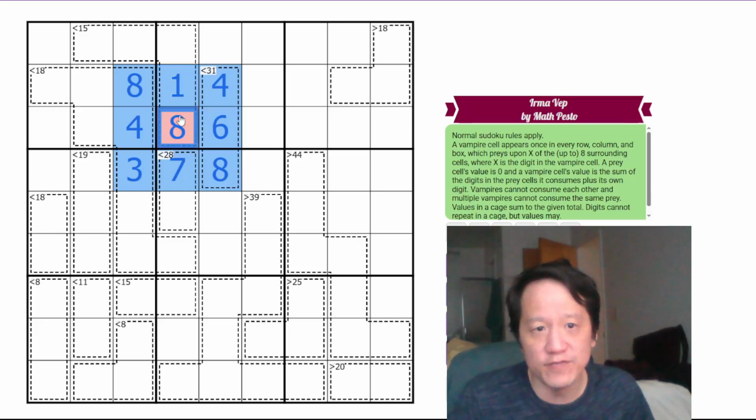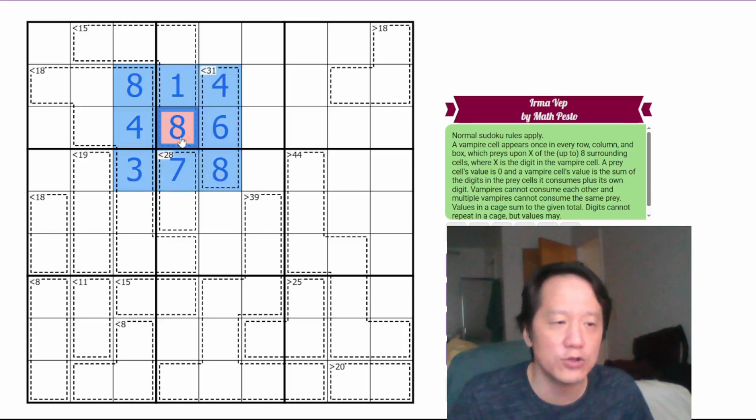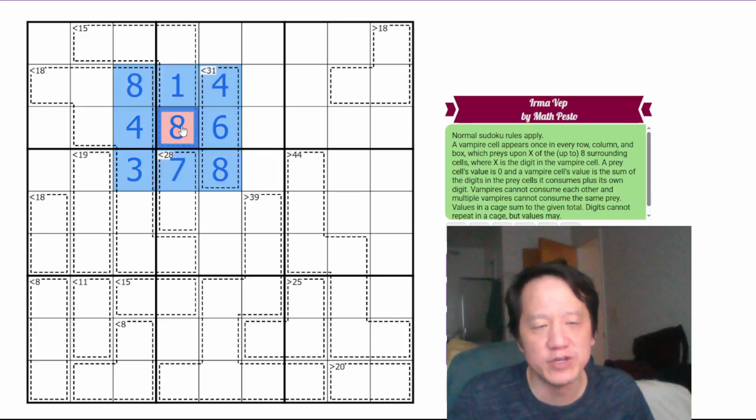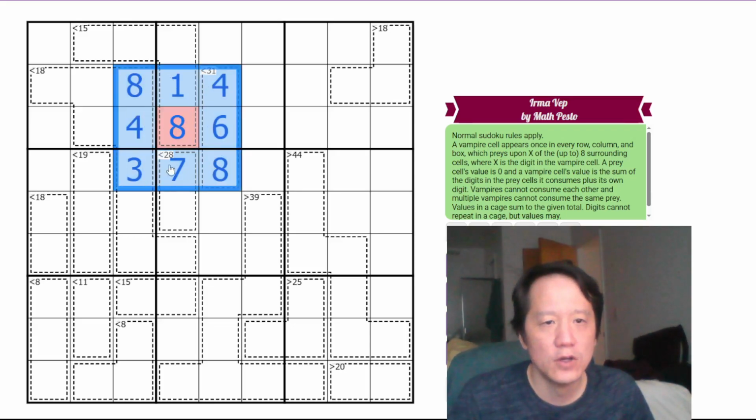The vampire cell's value is the sum of all the digits that surround it, since in this case it's an 8 and it preys on all 8 cells that surround it, and it also includes the sum of itself. So that's an example of how vampire cells work with prey.